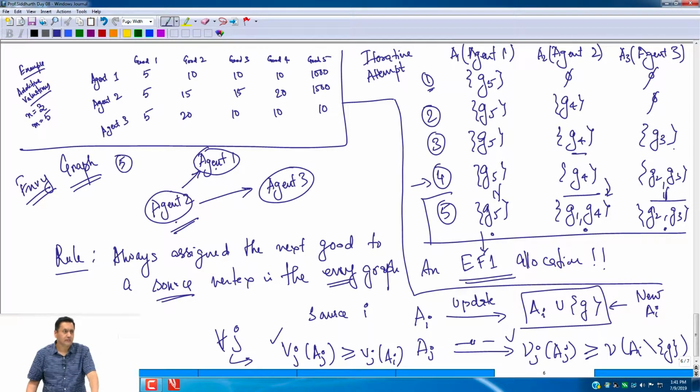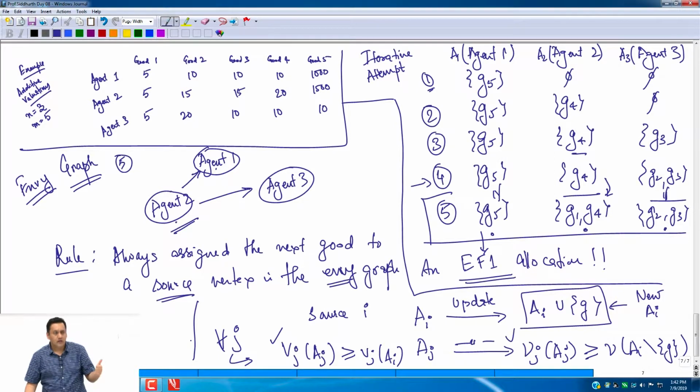So at every point of time no one else envied the source agent, and the rule of thumb that we followed was always to assign the next good to such a source vertex, to this vertex that is not envied by anyone else. And indeed that's a good rule, and let me argue again why that's a good rule, in the sense that if I follow it along, then I will continue to maintain EF1.